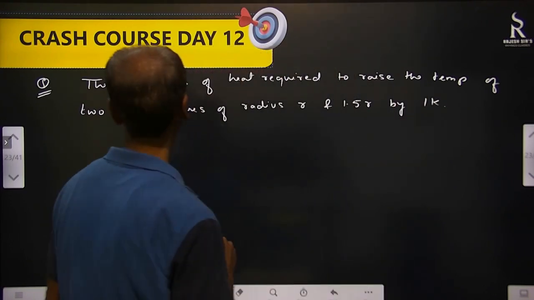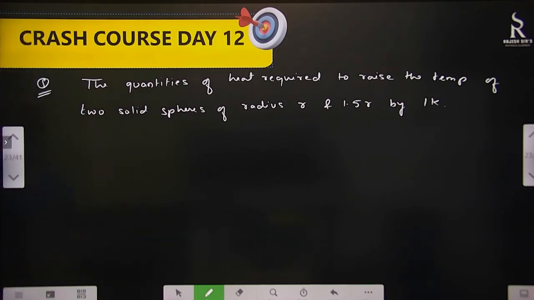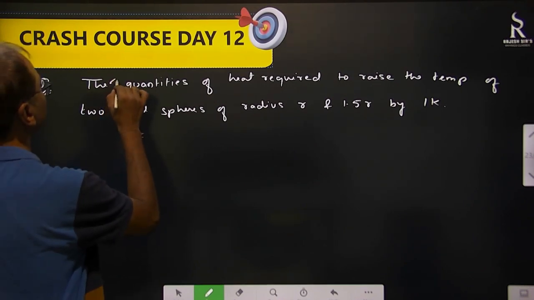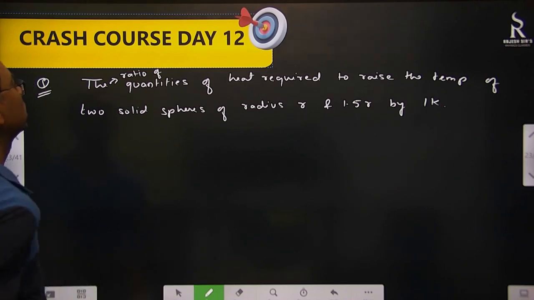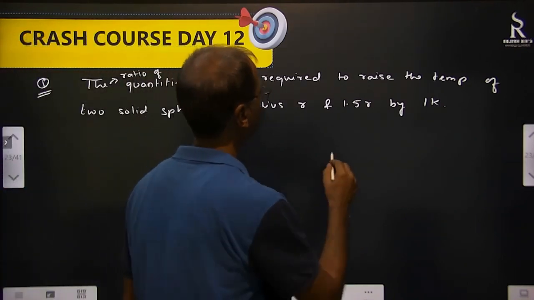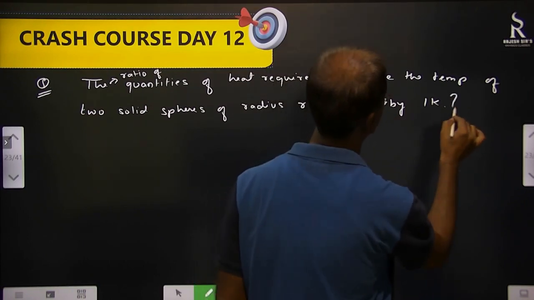What we have to do? Find the ratio. The ratio of quantities of heat required to raise the temperature of two solid spheres of radius r and 1.5 r by 1 Kelvin. That's the question.